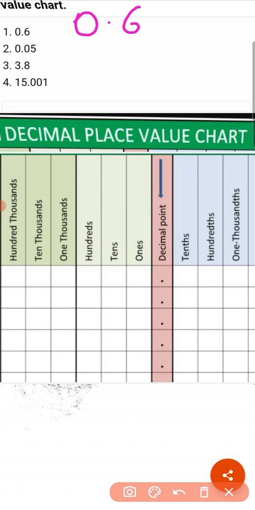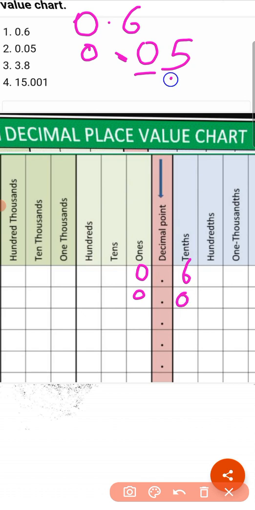So 0 ones and 6 is in the tenths place. Next is 0.05. 0 at the ones place, the whole number. The first place to the right is the tenths place, and the second place to the right side is the hundredths place. So 0.05.